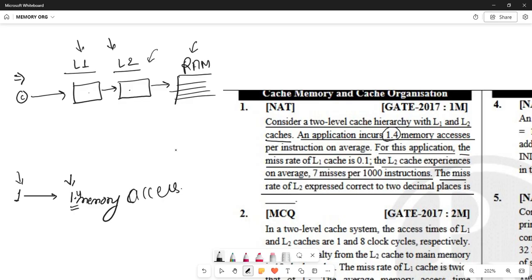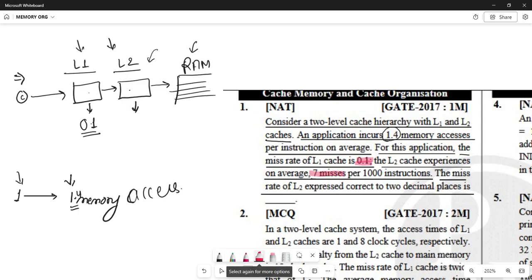For this application, the miss rate of L1 is 0.1. That is important. What is the miss rate of this cache? 0.1. And L2 cache experiences on average 7 misses per 1000 instructions.